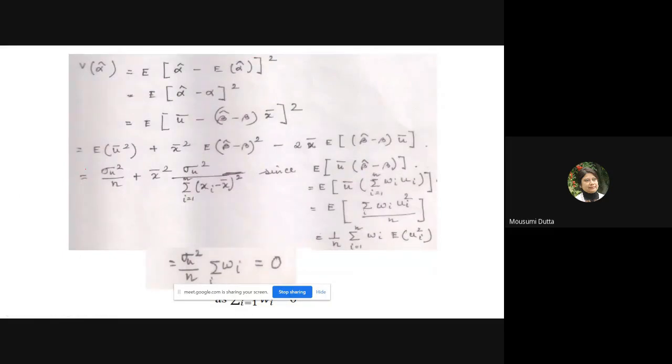Okay. So expectation of u bar square, as he said, okay, actually here the covariance part is also coming.